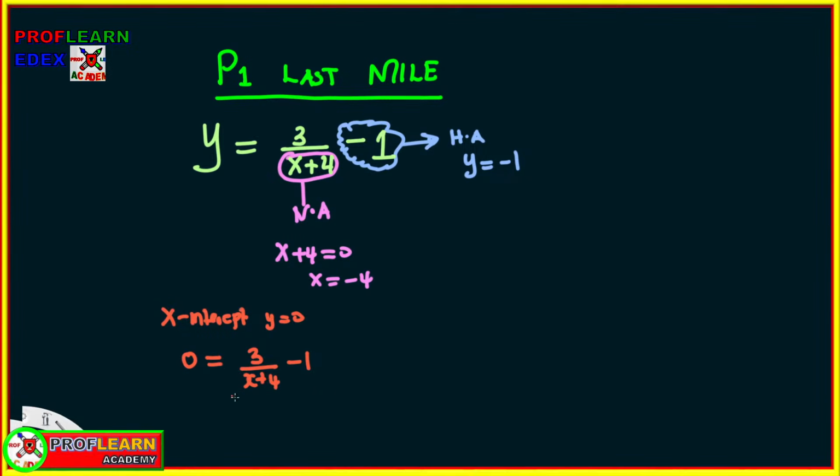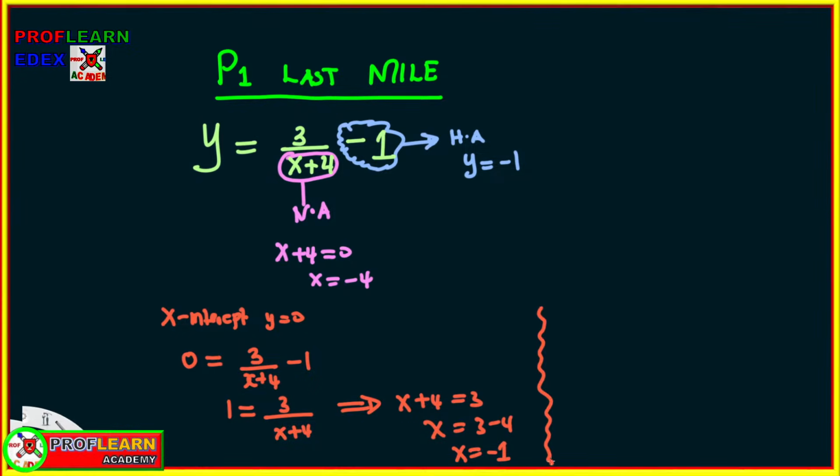If you take 1 to the other side, you will end up having 1 is equals to 3 over x plus 4. And if you rearrange this, it's going to be x plus 4 is equals to 3. So what does that mean? That means that x is equals to 3 minus 4, which means that x is equals to minus 1. That is the x-intercept. The x-intercept is minus 1.